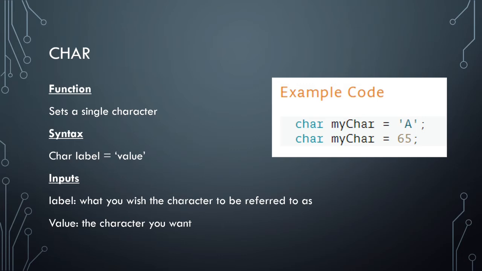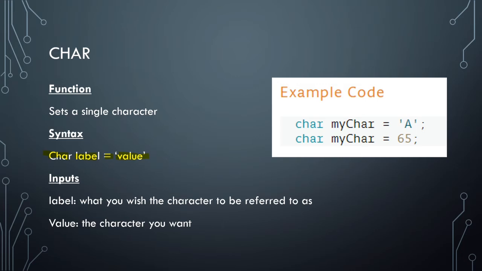And so how we do that, looking down at the syntax, we would write our char, whatever label or name that we wanted. Last time I called it name, this time we're just calling it a label. Setting it to equal whatever value is in these single quotations.